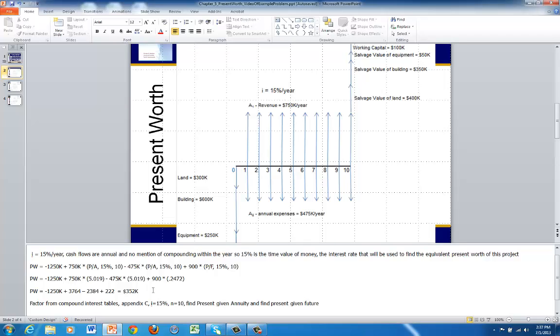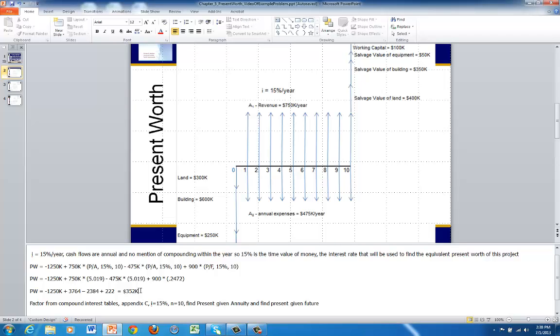That's positive, so that does say that we have met and actually exceeded the hurdle rate. So we're not only making 15% on this money, but we're making more than 15% because we see we have a positive present worth. And so our decision would be to go ahead with the project.